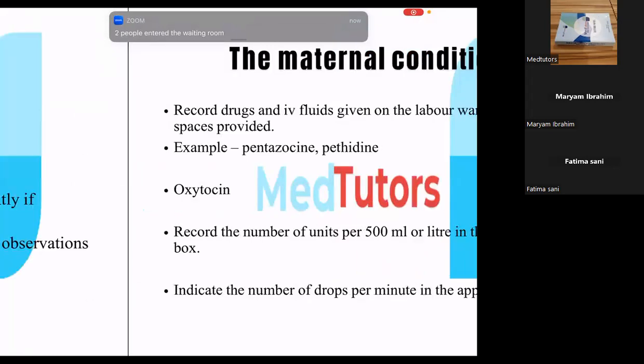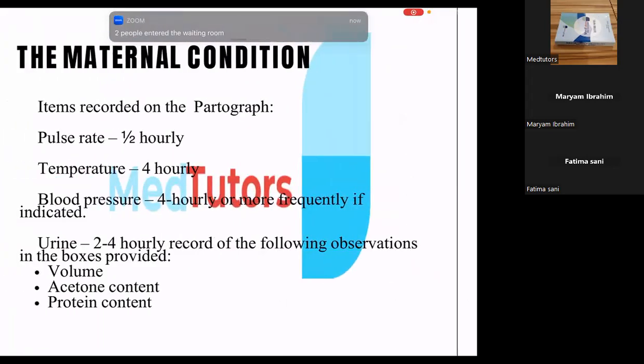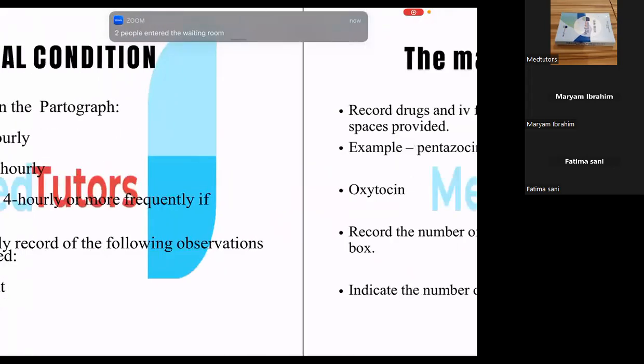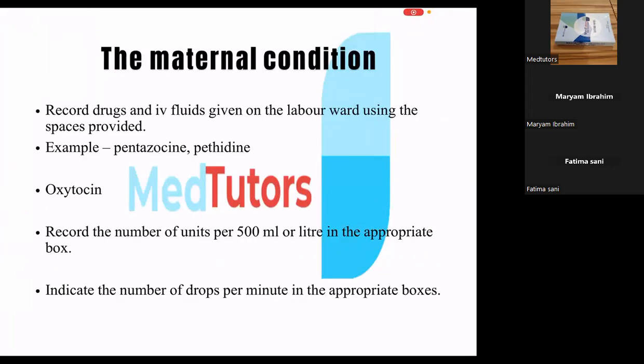So let's say you are giving her 5 IU of oxytocin in 500 mils. So you write 5 international units of oxytocin in 500 mils of Ringer's lactate. Then you calculate at how many drops do you want to give her? Do you want to give her 10 drops, 5 drops? So you write at 5 drops per minute. You document it that way.